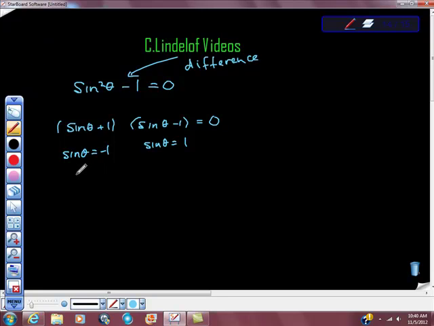Well, when is this true? Sine theta equals negative 1 at theta equals 3 pi halves, and sine theta equals 1 at theta equals pi halves. And again, I just went back and used my unit circle.